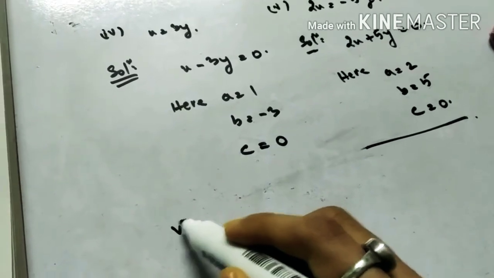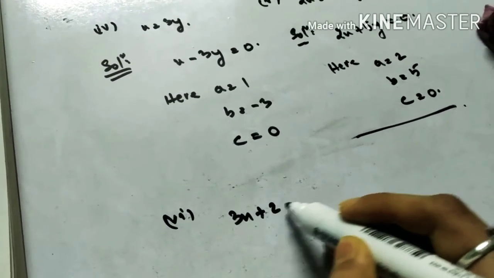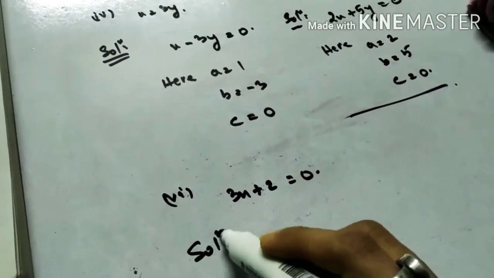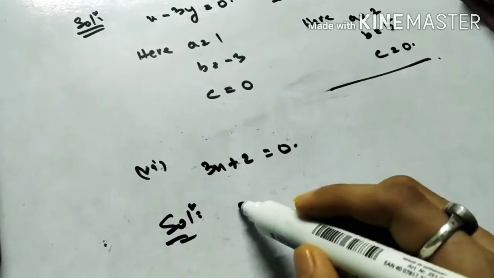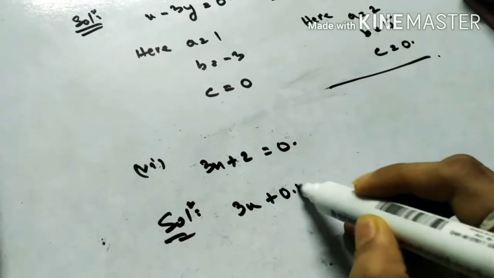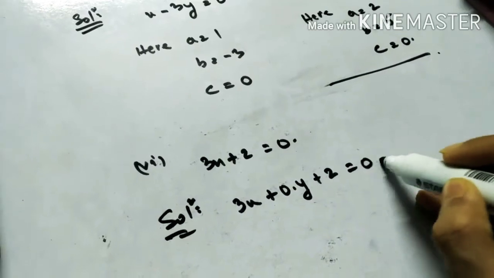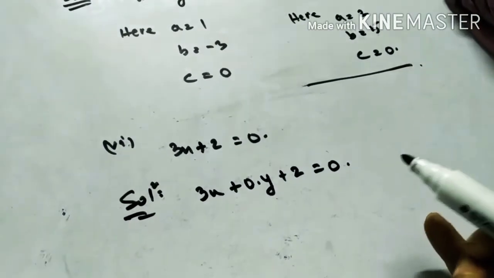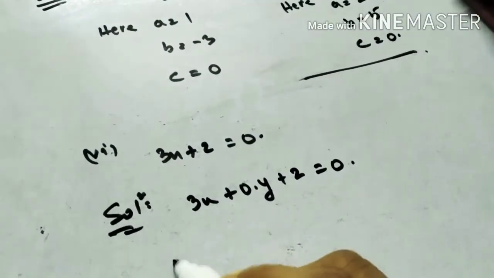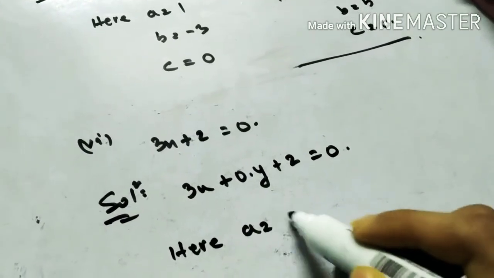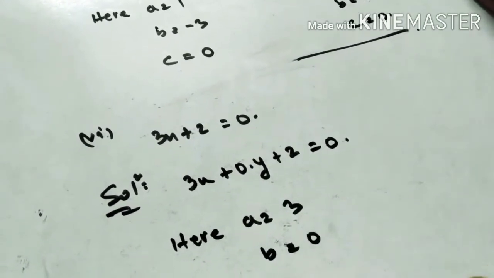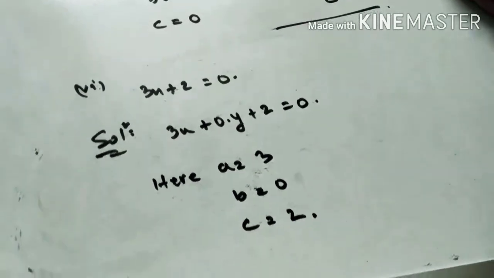Next again, question number 6, it is given 3x plus 2 is equal to 0. This equation you can write as 3x plus 0 dot y plus 2 is equal to 0. Understand? If you want to, you can write it so. Here a is equal to 3, b is equal to 0, c is equal to 2.